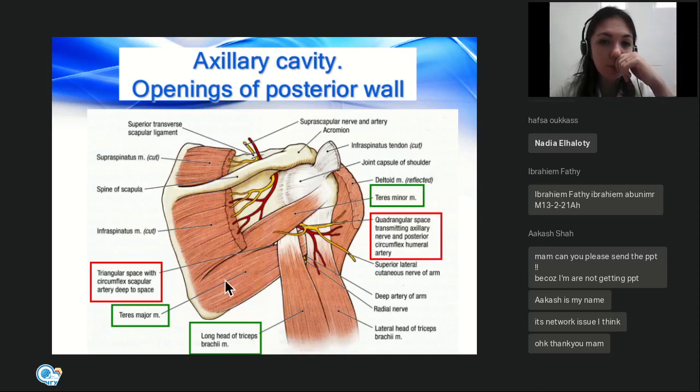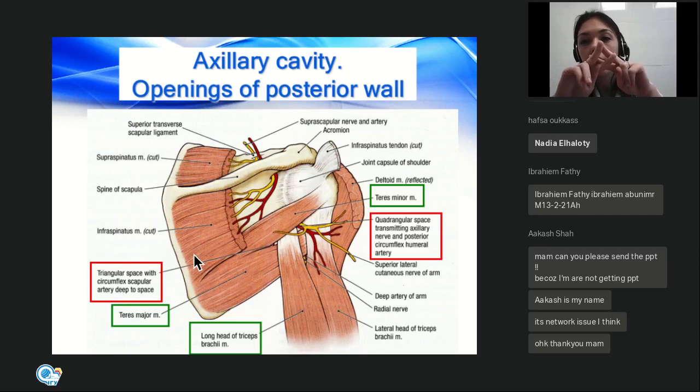of the scapula. The quadrangular space is located laterally from the triangular, and it has the same boundaries, but there is one more, yes? So if it was teres major muscle below and teres minor muscle above, and laterally the long head of triceps brachii muscle for the triangular space.